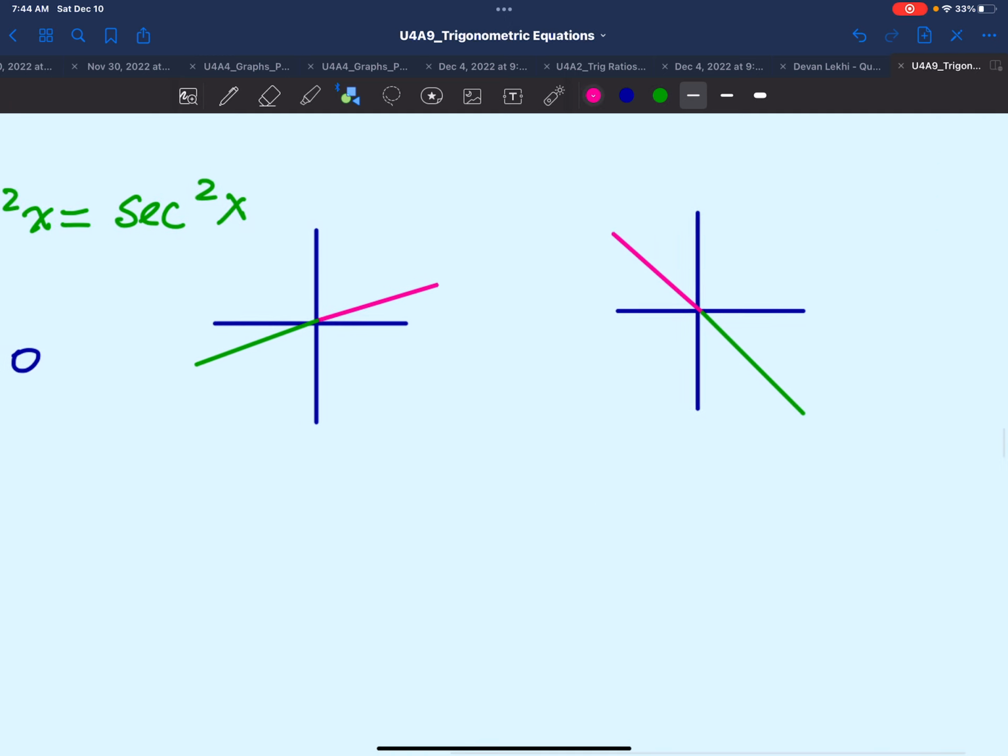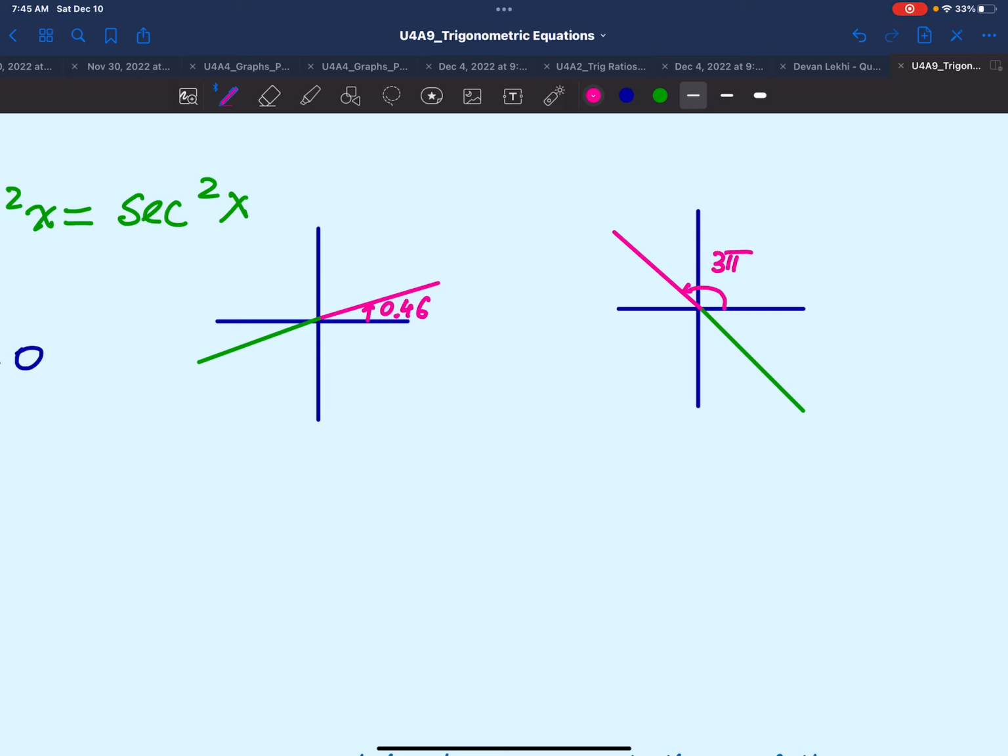So let's read all these angles. I'm going to make this a little bigger. So here goes the angle 0.46 radians. And here goes the angle 3 pi over 4 radians. Whenever possible, we must write the solutions in exact form.